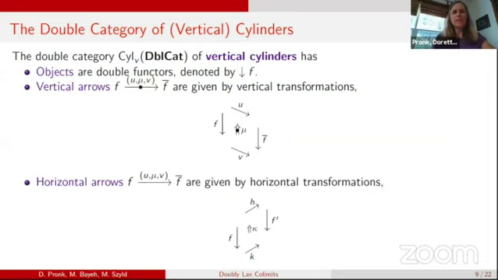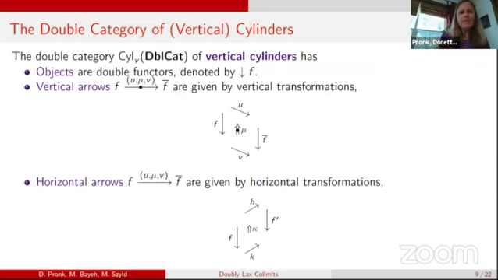So first, what is this cylinder double category? The objects are going to be the double functors, and we will write them as a vertical arrow with the label of the functor. The vertical arrows, so remember in the cylinder category, normally the arrows were squares, commuting squares, or squares commuting up to a two cell actually.